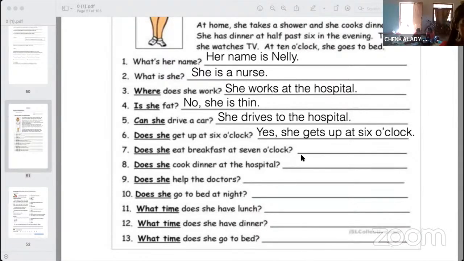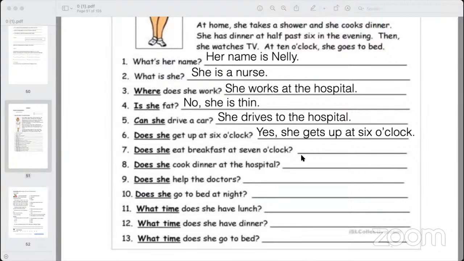You have to ask whether she eats her breakfast at 7. Breakfast is the meal you eat in the morning. No, she eats her breakfast at 6:30. Right, well done.